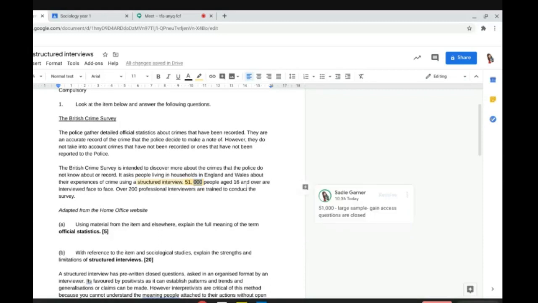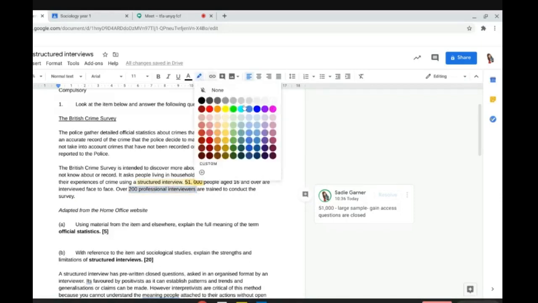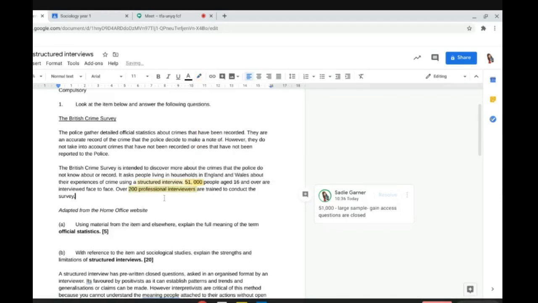And then people aged 16 and over are interviewed face to face. Over 200 professional interviewers are trained to conduct the survey. Again, I'm thinking 200 professional trained interviewers, those people have got to eat, they've got to pay rent. So that is expensive.